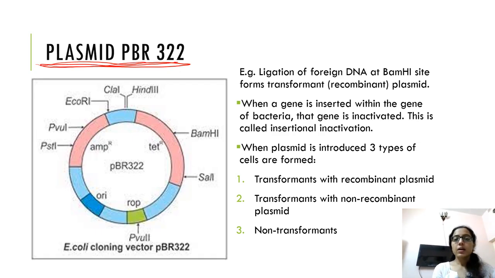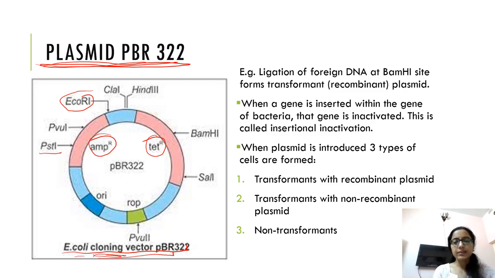Now, this plasmid is an ideal plasmid, which is generally used for cloning. This is the E. coli cloning vector pBR322. It is having different sites, see, this is the site for ampicillin and tetracycline resistance.